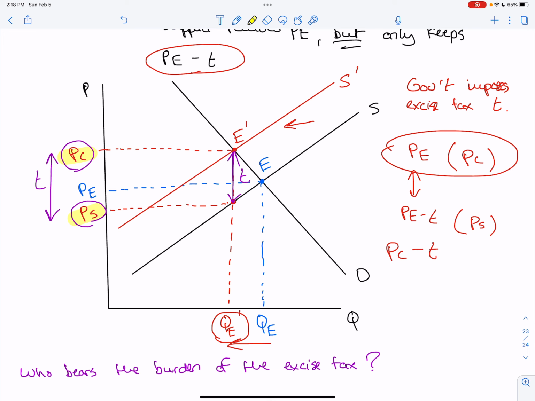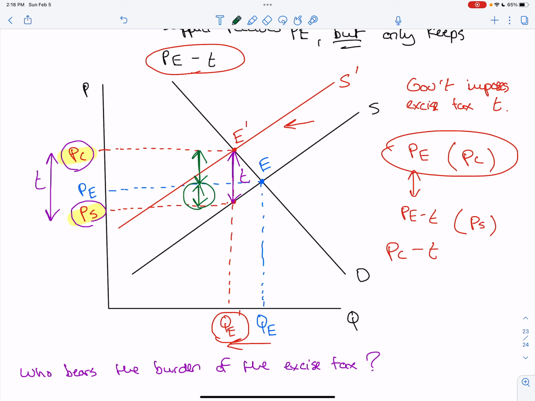But who suffers more? Well, the answer can be obtained by just looking at this graph. Which is bigger? This gap, or this gap? Now, this second gap here is the difference between what the supplier was previously receiving and what he is currently receiving.